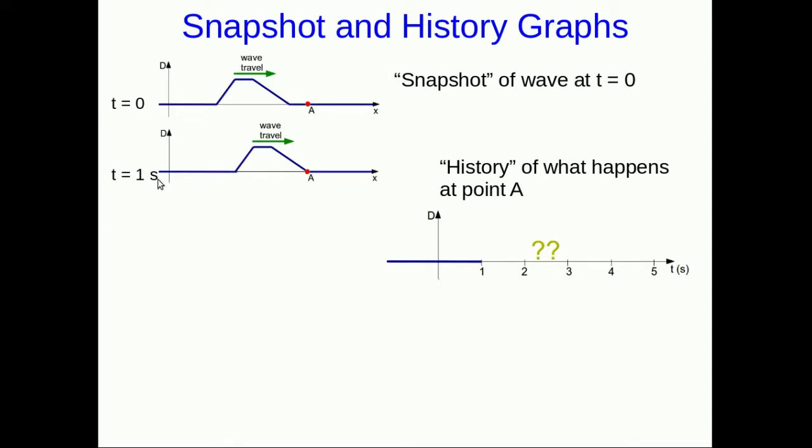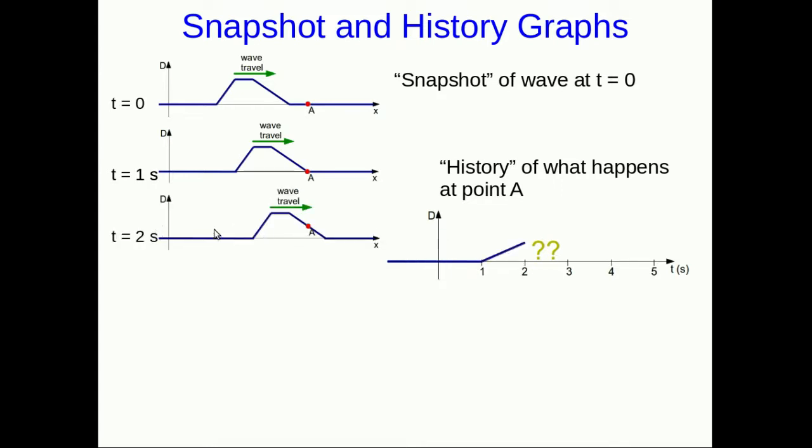Now, if we look a second later, I've drawn that the wave has traveled onward a little bit, and it's just reaching the point A. So the wave has traveled, but point A hasn't started moving yet, and so I've continued along the zero displacement line in the history graph.